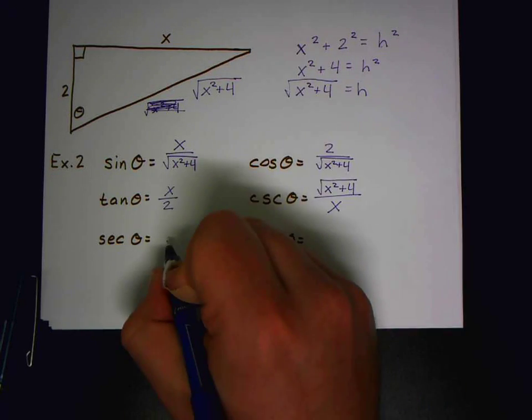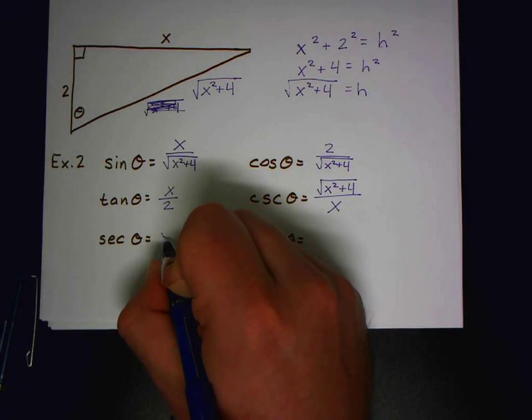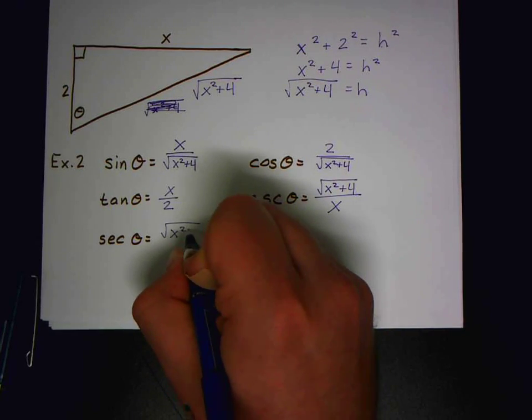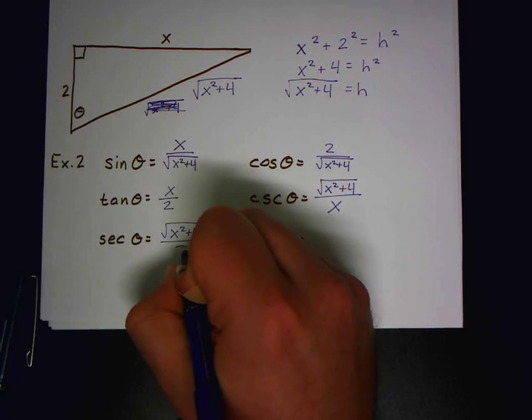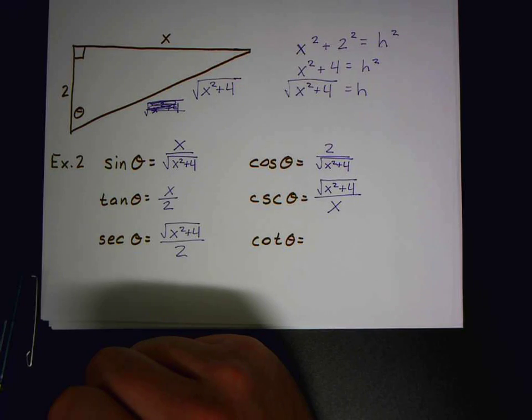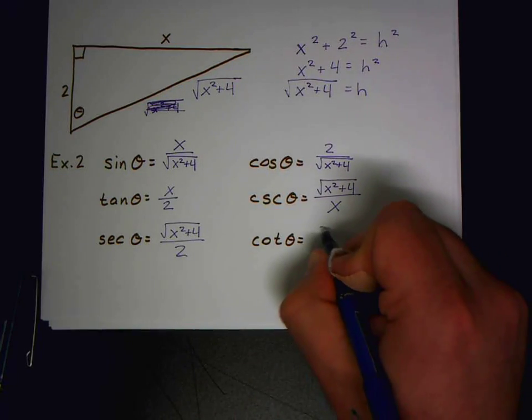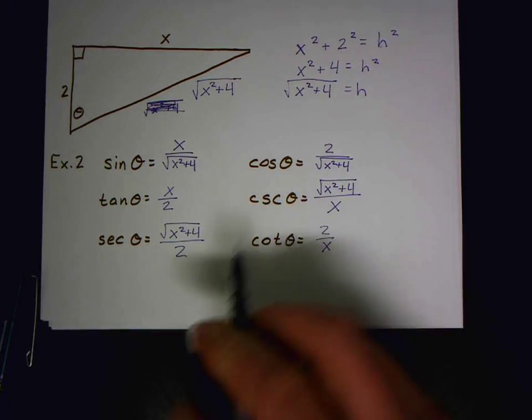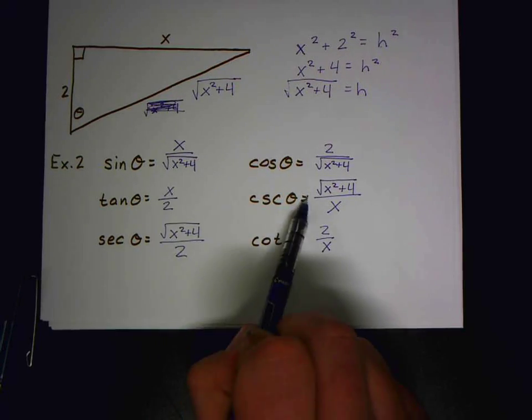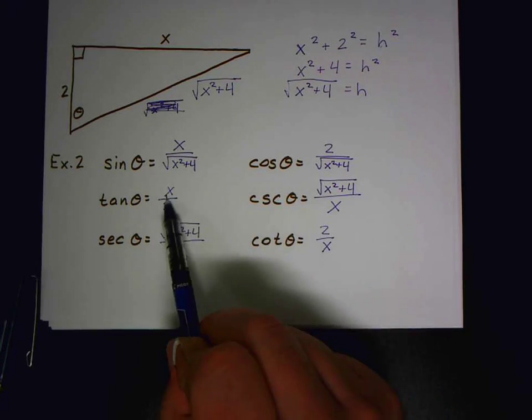Secant, hypotenuse over adjacent. Cotangent, adjacent over opposite. And again, notice each of these are reciprocals of each other.